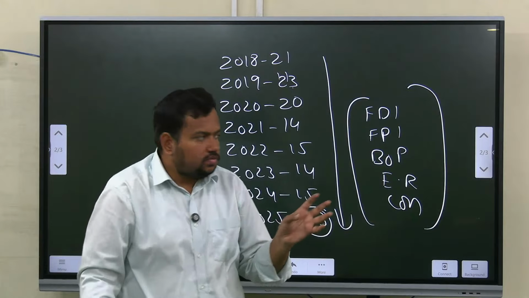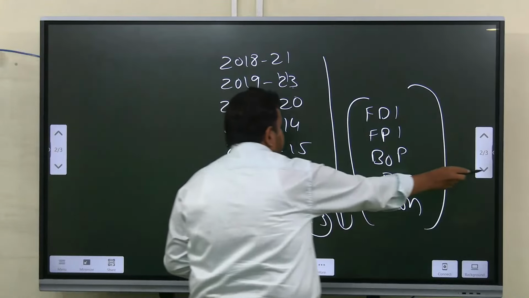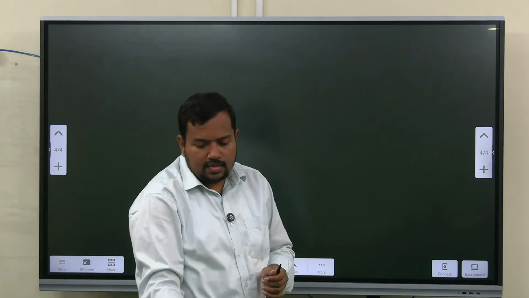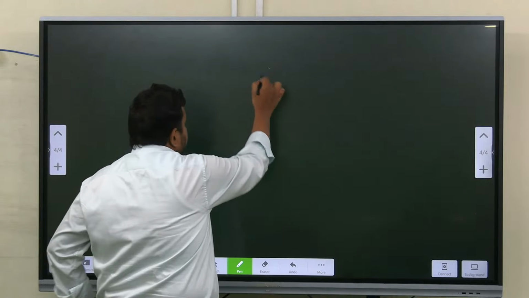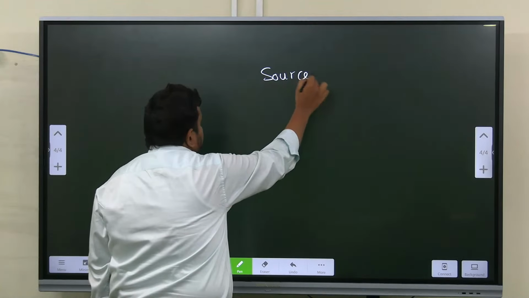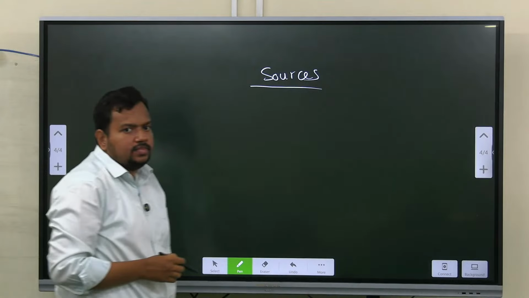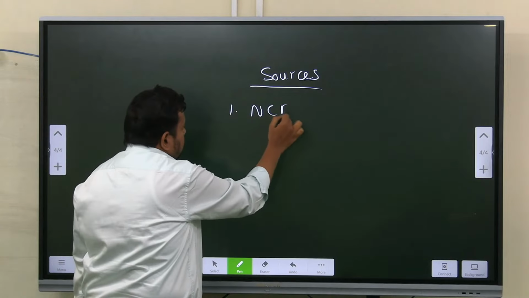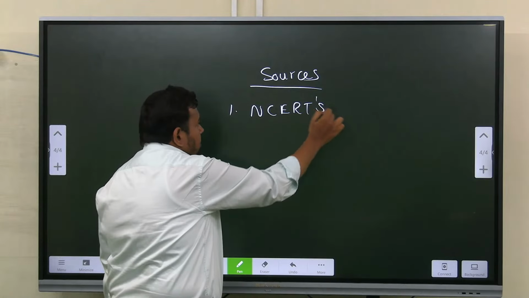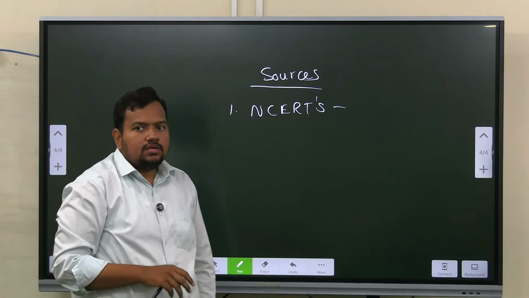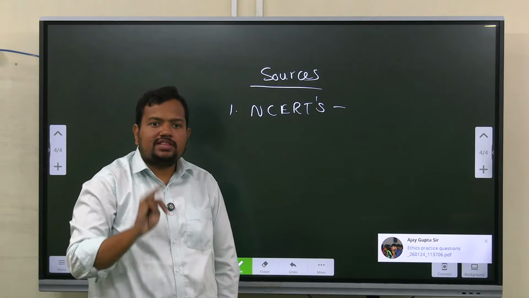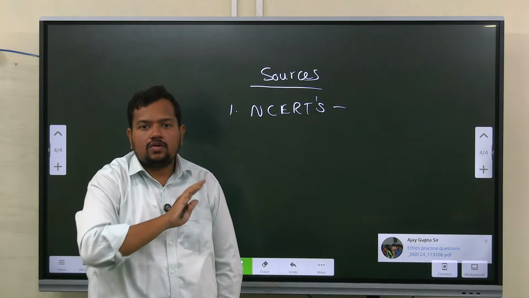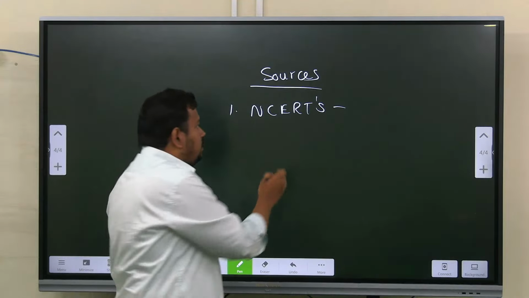Okay, now let us look at the sources that are generally needed for economy. So first, NCERTs. In the NCERTs, generally class 11 and 12, 3 NCERTs are there. One NCERT is related to microeconomics, not at all needed. Okay, only 2 NCERTs.